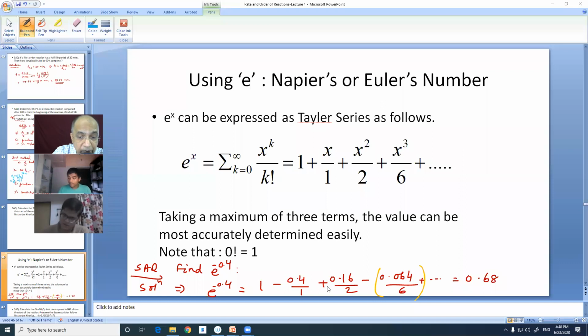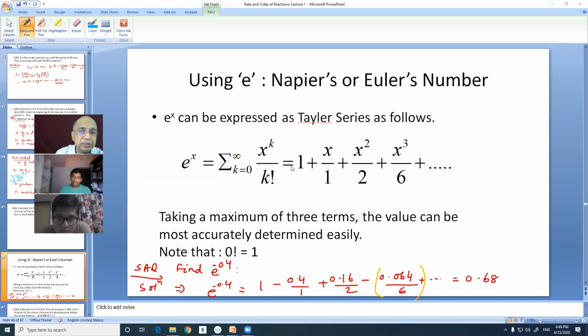But the third term will be plus, the square of that, so 0.4 squared by 2. The further terms are not required, as they will be lesser and lesser. But this term is required because one is minus and the other is plus. So these 3 terms can give you the value of E to the power minus something. This method will be used to find the answer to this problem.